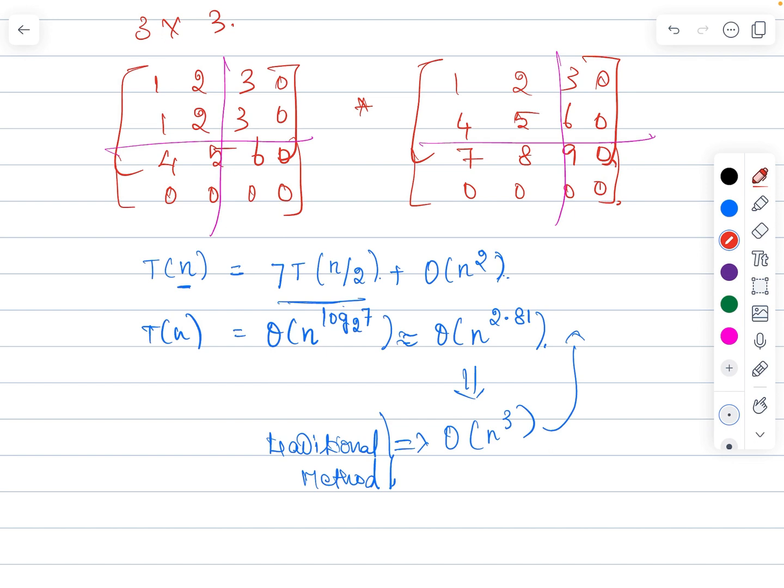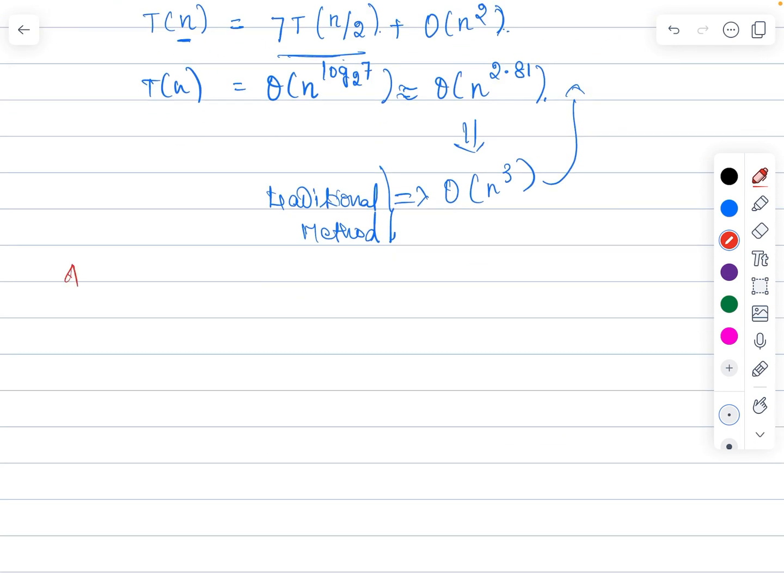When it comes to advantages and disadvantages of Strassen's algorithm, the advantages are: one is reduced multiplications, as we all know. This significant reduction in the number of multiplications can make Strassen's algorithm much faster than traditional matrix multiplication for large matrices.